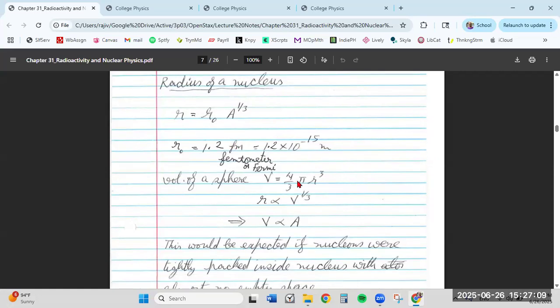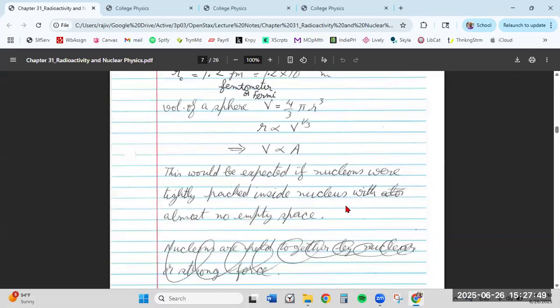Assuming that a nucleus is like a sphere, we know its volume would be 4/3 pi r cubed. But from this relationship, if V is proportional to r cubed, r is proportional to the cube root of V. So the radius of the nucleus is proportional to both the cube root of A and the cube root of the volume.